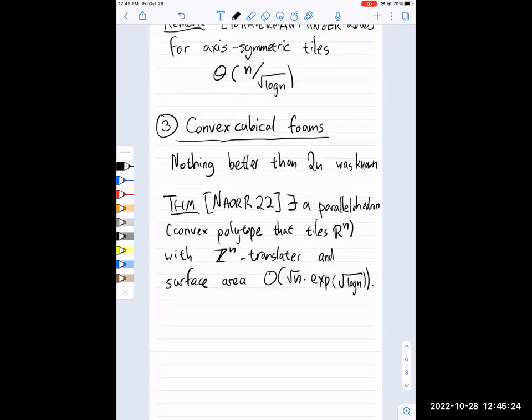So again, those bodies, those parallelohedra, are quite rigid. It seems like there's not much you can do. In fact, there's a celebrated conjecture of Voronoi from 1909 saying that those are basically Voronoi cells. So you can't go much beyond Voronoi cells, up to affine transformations. This is still wide open. It's a very nice conjecture. What is known are results of Venkov and McMullen that characterize those bodies.